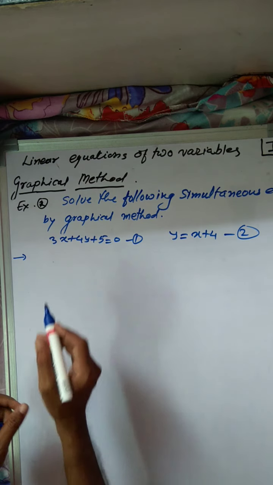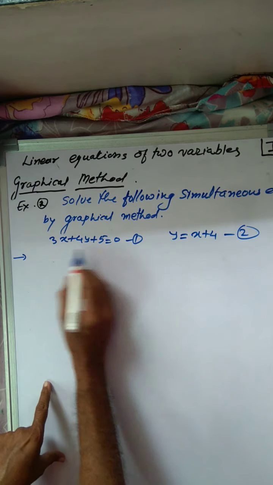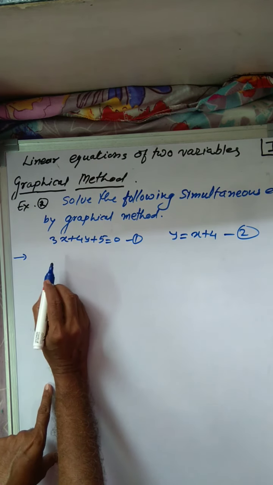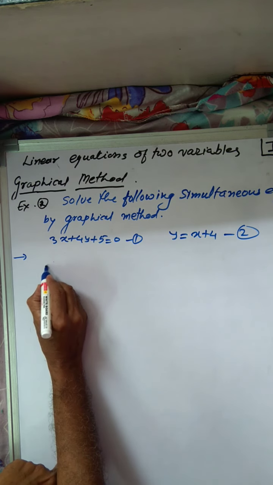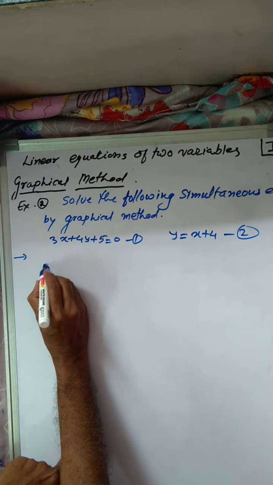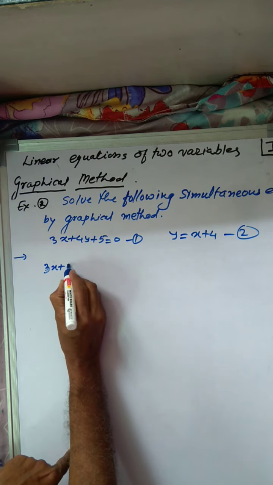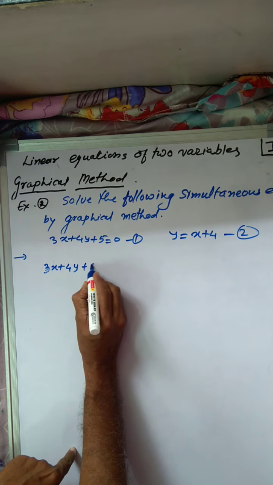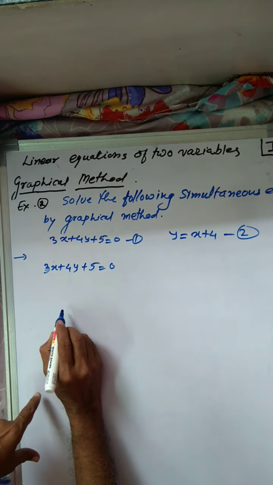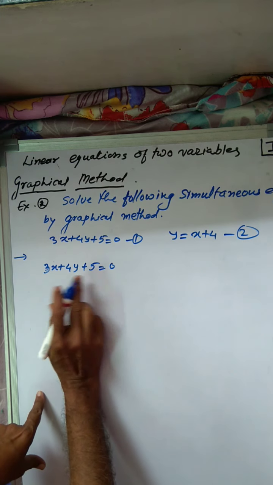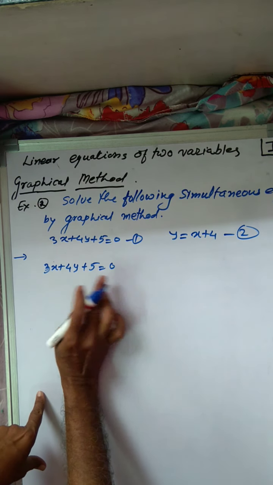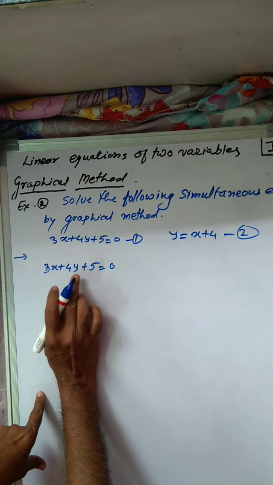First we take the first equation for the table: 3x plus 4y plus 5 is equal to 0. Take any one term to the right hand side, 3x or 4y.